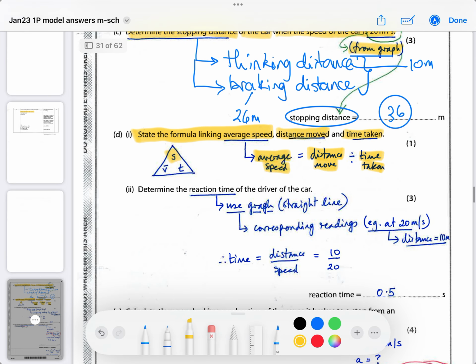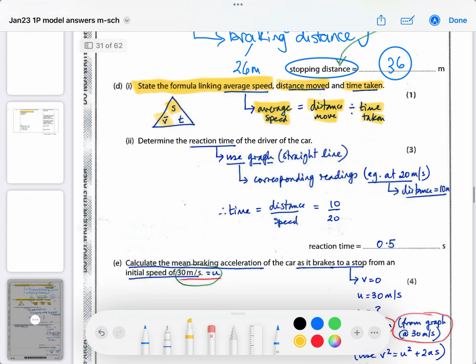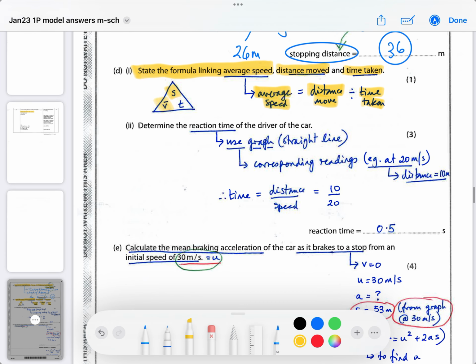For average speed, I put a little line above V for velocity. Now, determine the reaction time. So we want to work out time. If we want to work out time, we can use this triangle, and we want to show that time is equal to S over V.